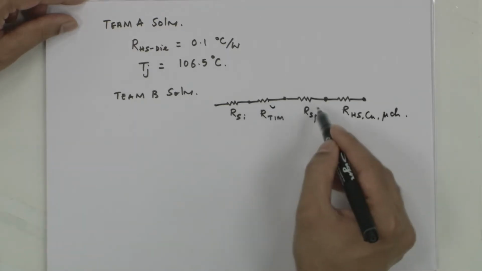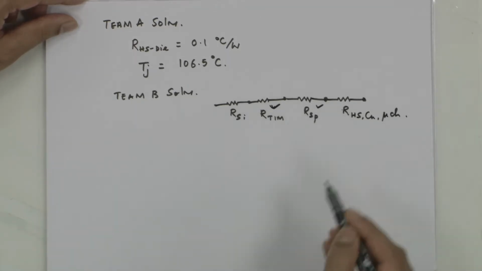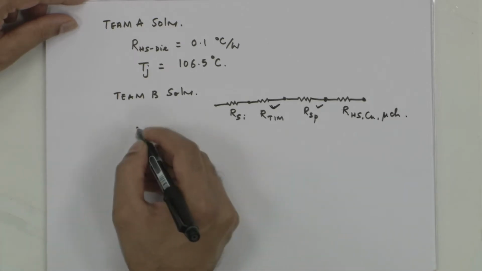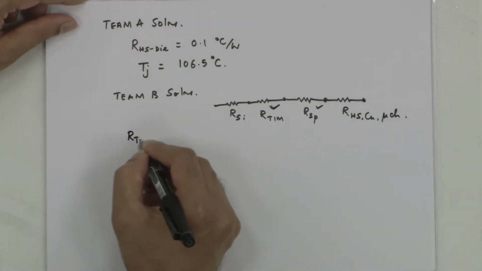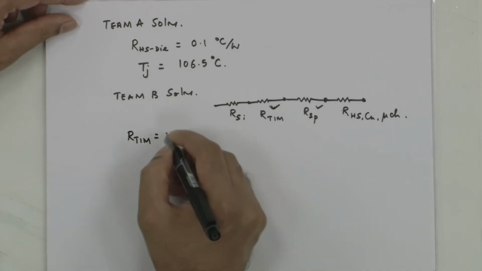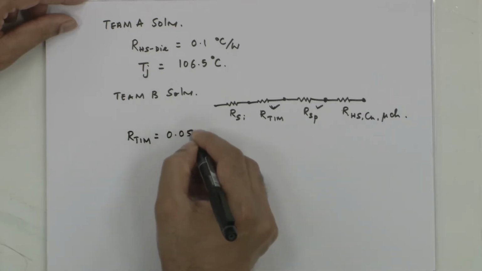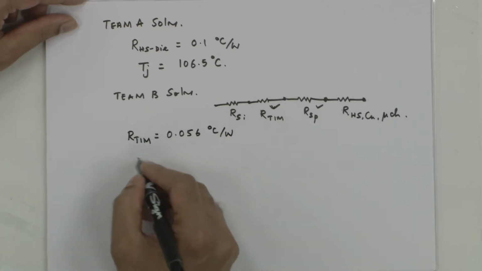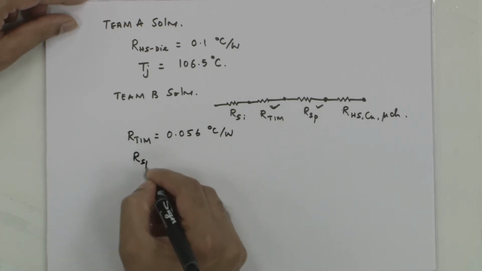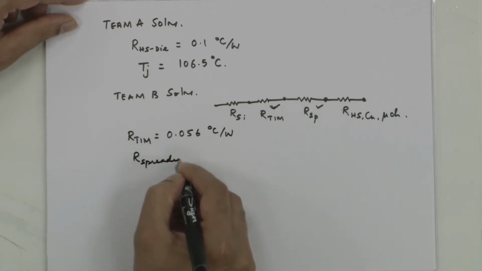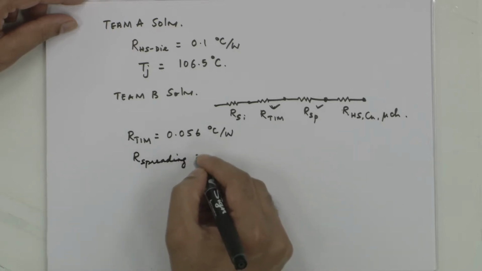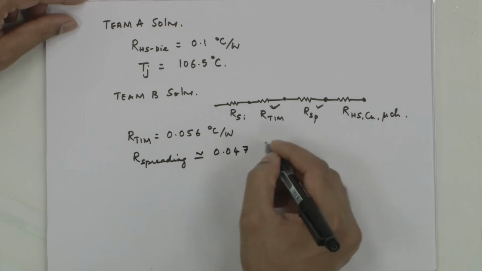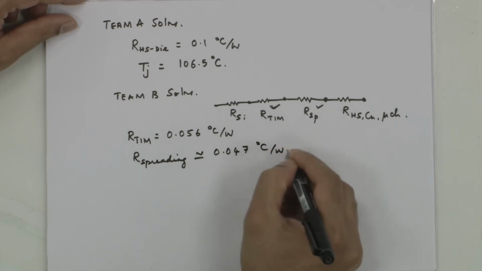So, these additional resistances show up compared to the previous case. The TIM resistance is something that is given, so we can use that value of 0.056 degrees C per watt. The spreading resistance, using the formula we discussed previously, can be easily calculated, and it is found to be 0.047 degrees C per watt.